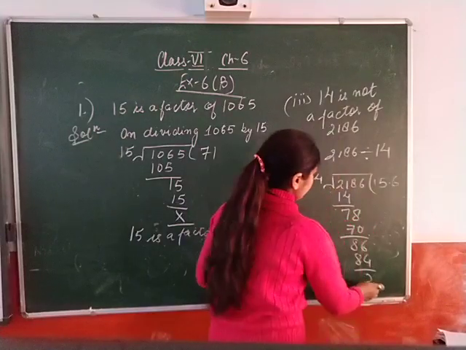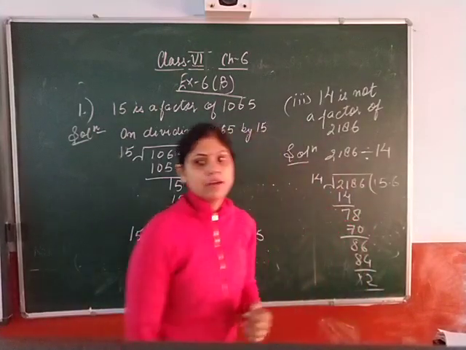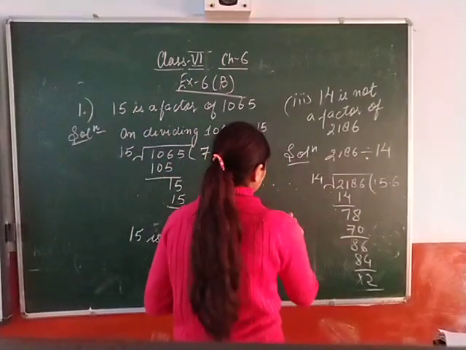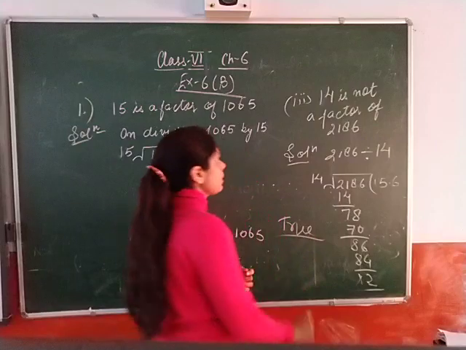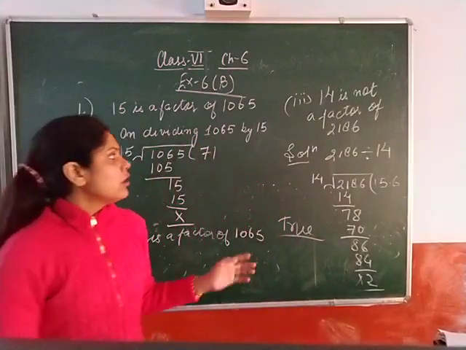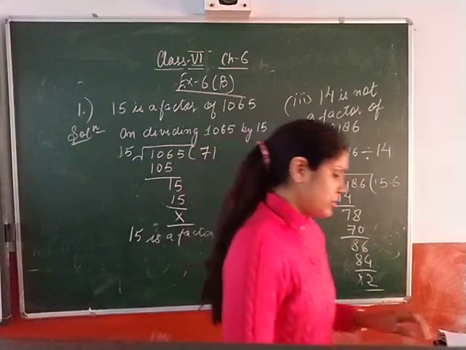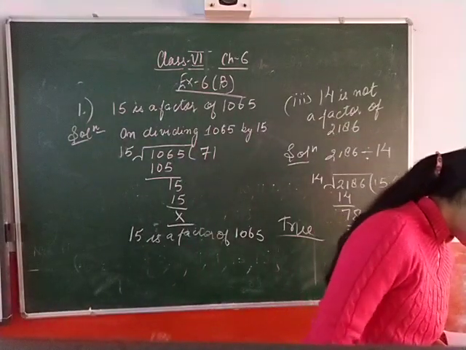Here you can see 2 is coming as the remainder. That means 14 is not a factor of 2186. Like this you can all check. So do the next 2 questions on your own.